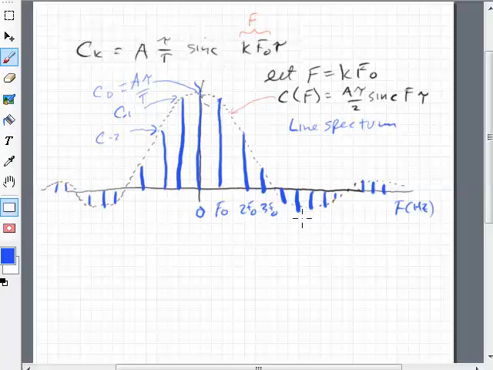All right, and the other thing we need to keep in mind is this zero crossing occurs whenever f is equal to 1 over tau. And this makes sense. Big, fat, wide pulses, where tau is big, we have a narrower bandwidth. All of the energy is concentrated at low frequencies.